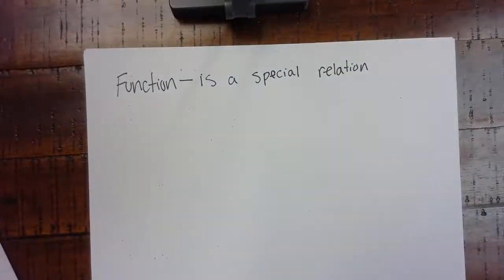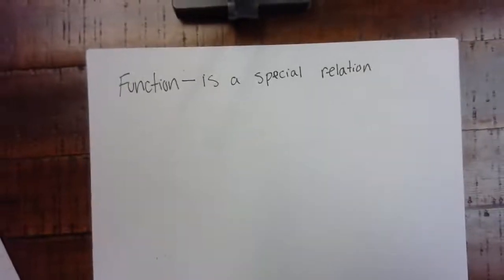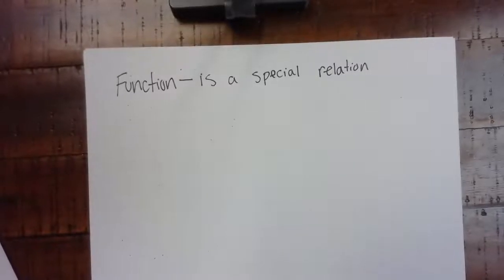Basically, that means that the x and y are going to be related to each other in a certain way. So if they don't relate to each other, then our function is false. And we'll get to that when we start looking at graphs. So in a function, each element of the domain is paired exactly with the element of the range.